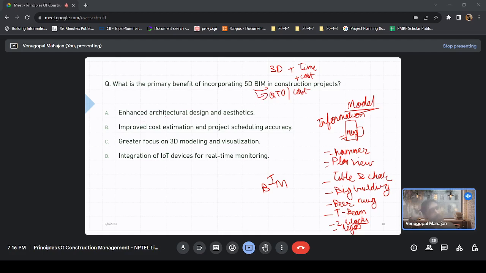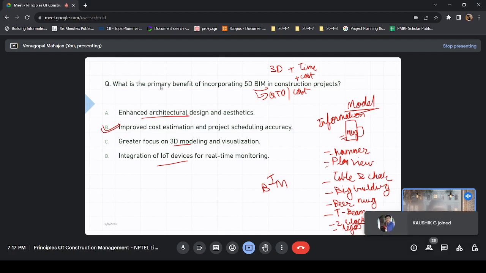So we are talking about cost, so it improves the cost estimation part, not 3D modeling, not integration, and not enhancement of architectural design. Happy with this part? Okay.